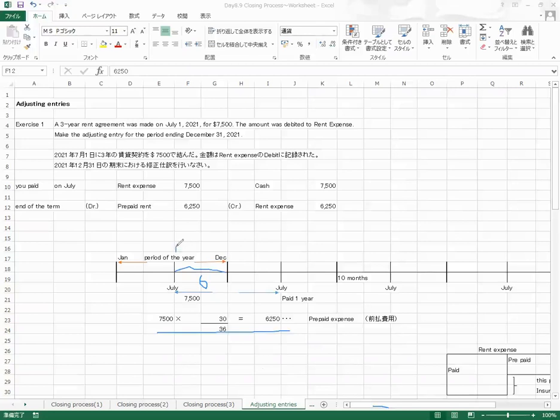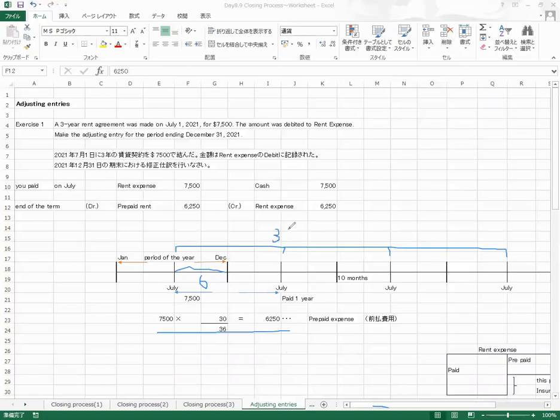So we paid 7,500 as a prepaid, but we use it for 6 months. This is 3 years, and from July to December, the remaining is 30 months.